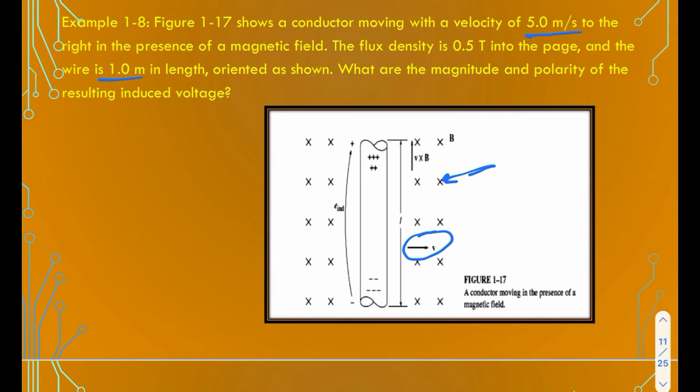Be careful, we are talking about polarity now because we are talking about voltage. Again, here we will apply the formula to solve this example.